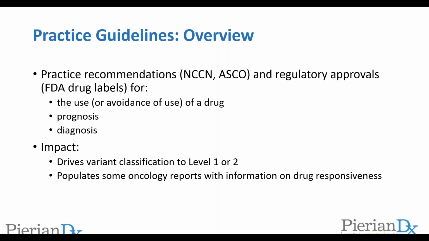And so this is for the use or avoidance of use of a drug, so a known responsiveness or non-responsiveness. Could also be for prognostic information, less so from FDA, but more from ASCO and NCCN, or even diagnostic information. So all of those management impacts, if you will, are present in our knowledge base.